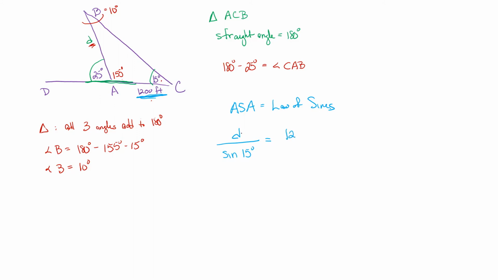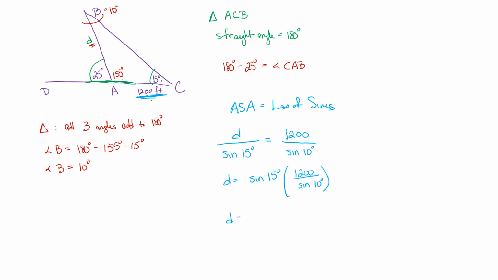So since I put D feet on top on the other one, I'm going to put 1,200 on top over here. And the 1,200, the opposite angle is 10 degrees, so the sine of 10 degrees. Cool? All right. Just doing some algebra, I am going to have to multiply both sides by the sine of 15 degrees to get rid of it and to get the D by itself.